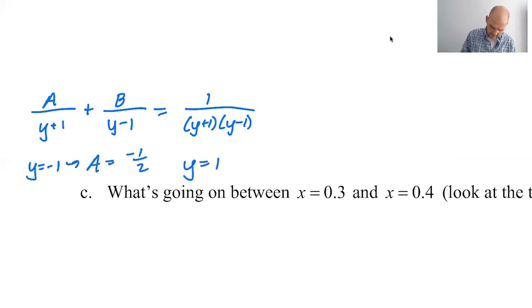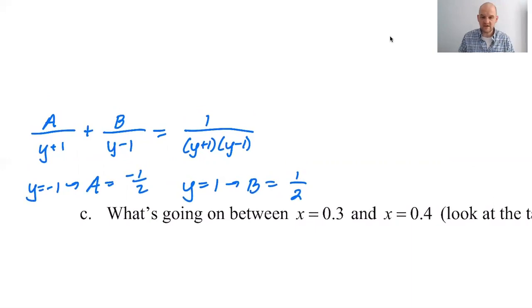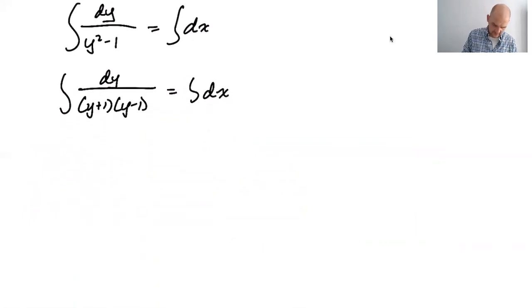And if y equals +1, then B is going to be +1/2, I assume. Yeah. So we're really trying to integrate. You just take out 1/2, and you get -1 over y plus 1 plus 1 over y minus 1.